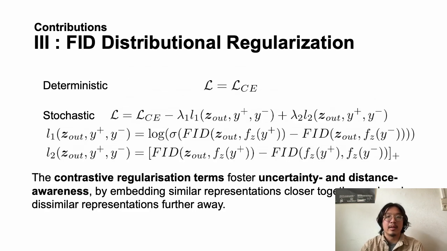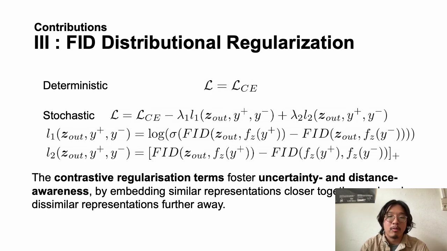And lastly, we have the distributional regularization with the FID distance. In a classical classification task, we only have a cross entropy loss, and now we add 2 additional regularization terms. Here, Z out is the output vectors, the output embeddings, and Y plus is a positive and Y minus is the negative examples.